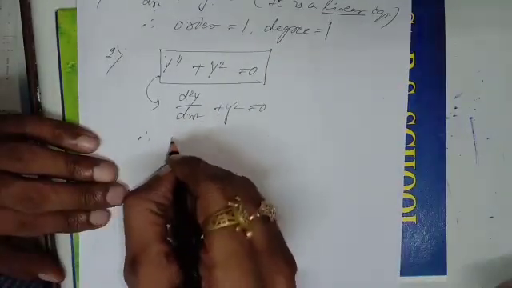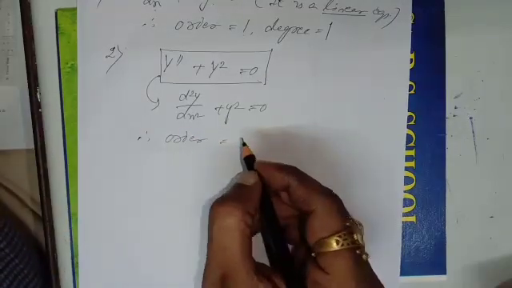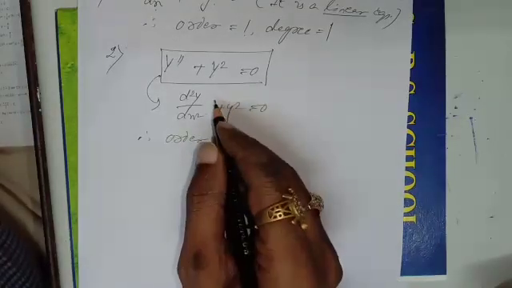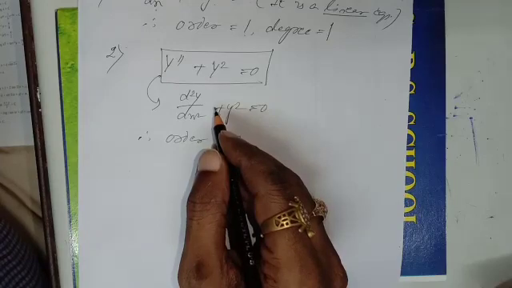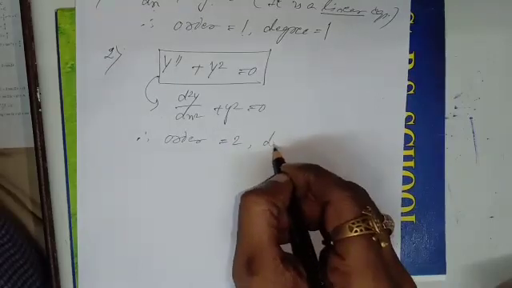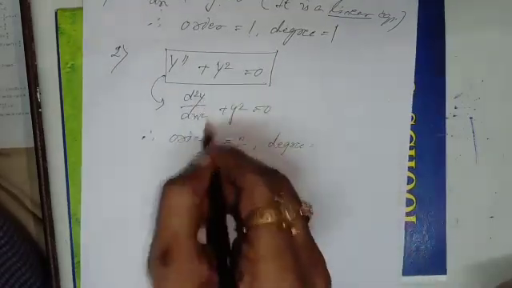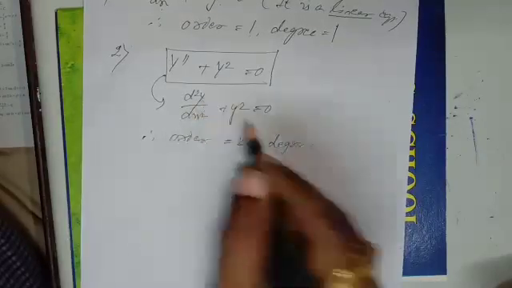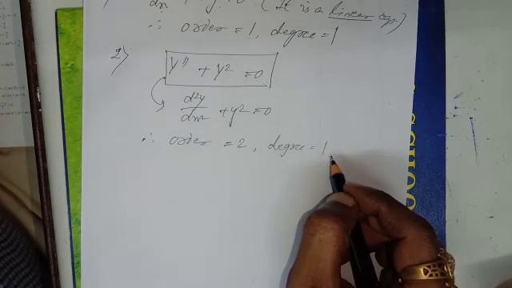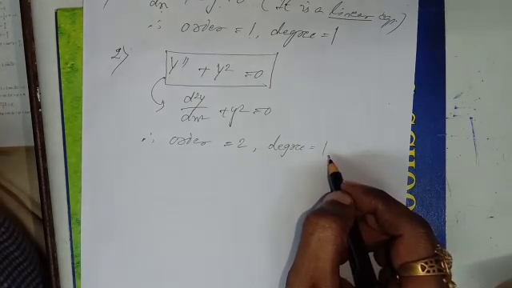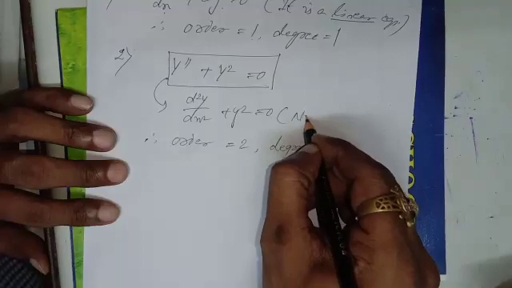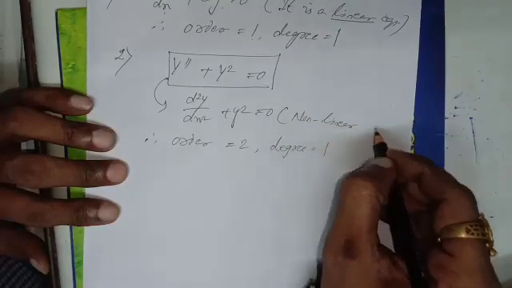So the order is 2 and the degree is also 1. Follow very carefully here: the degree is the power of the second order derivative, there is no power here, so it is 1. Is it linear or non-linear? It is a non-linear differential equation.